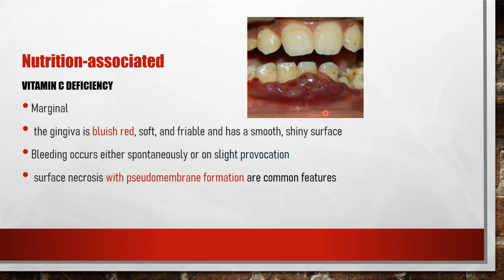Mainly it is because of vitamin C deficiency. It causes hemorrhage, collagen degeneration and edema of the gingival connective tissue. These changes modify the gingival response to plaque. So this might be the reason for this massive gingival enlargement, which can be seen in patients with scurvy.